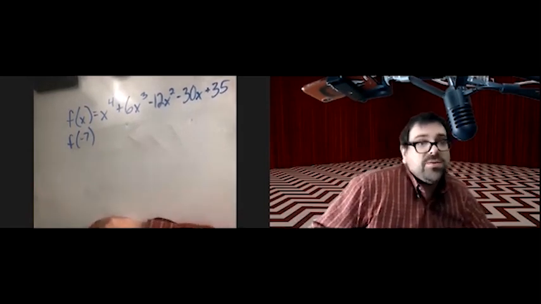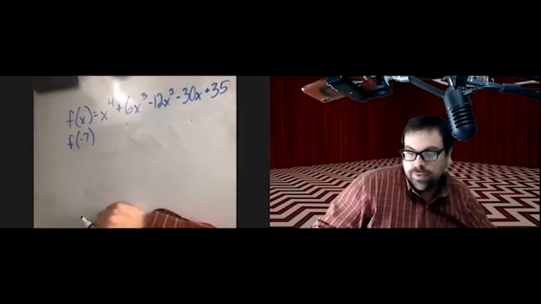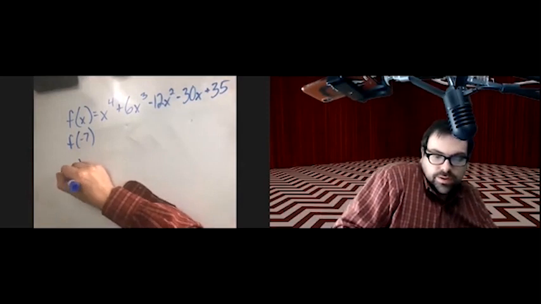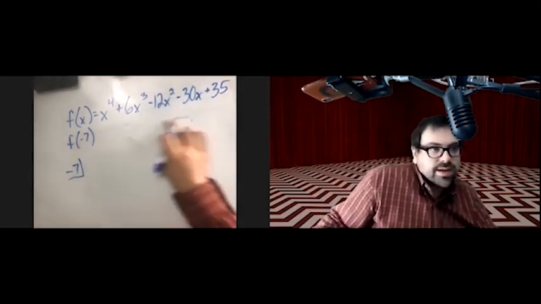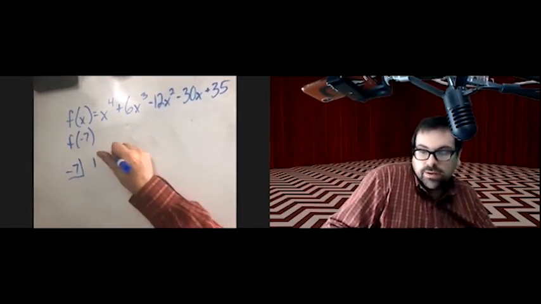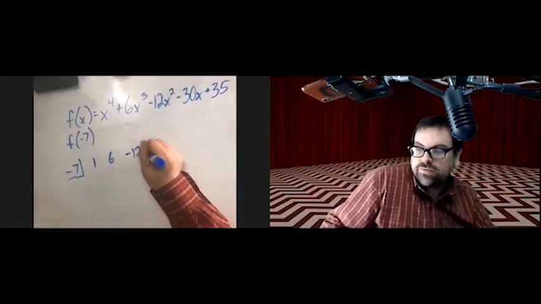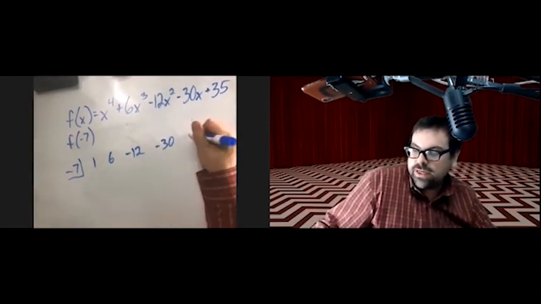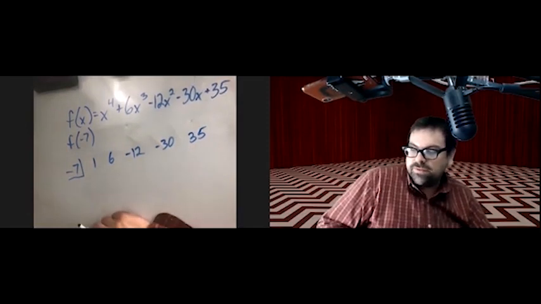How could we find that using this remainder theorem? Well, I can put negative 7 in the box and I can set up 1, 6, negative 12, negative 30, positive 35.